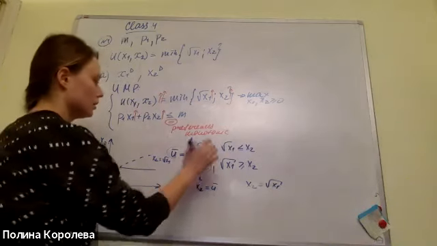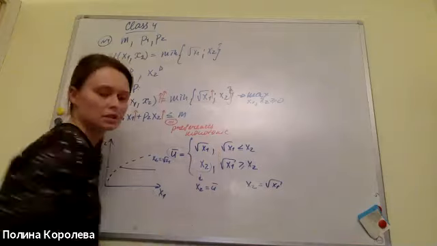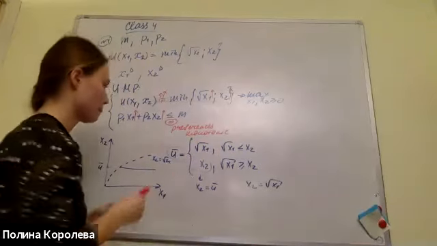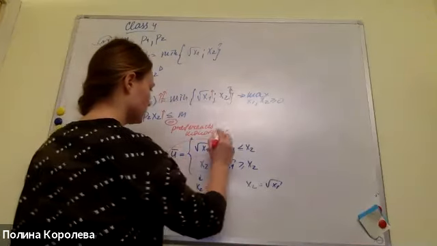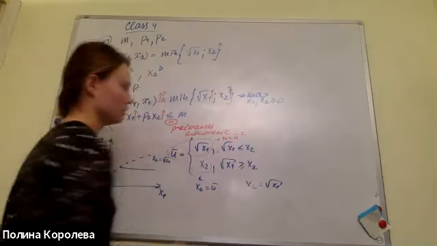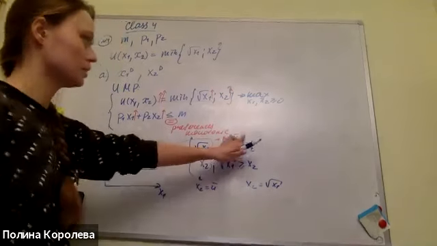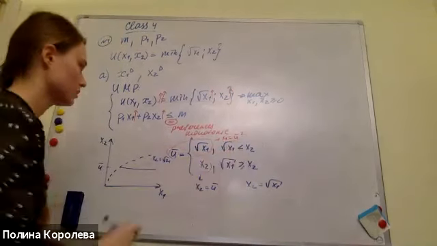And our constant utility level will be equal to the square root of x1. From here, we will find x1 equals this utility squared, but it's also a number, also a constant.